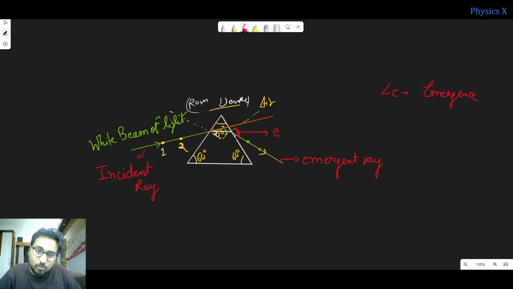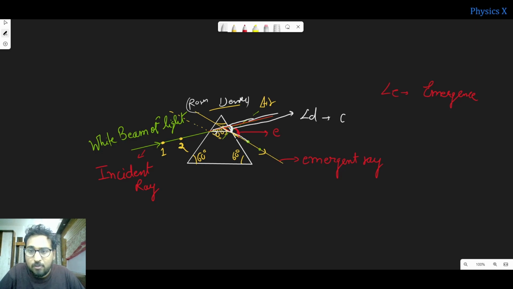Suppose this was the original incident ray and this was your original emergent ray. If I extend the incident ray backwards, the angle made between this extended incident ray and the emergent ray is called angle D.